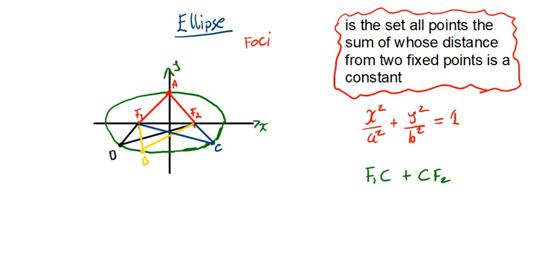This is going to be equal to some number which we are going to represent as a constant, which we indicate using 2a. So even if I get the distance F1 to B plus B to F2.